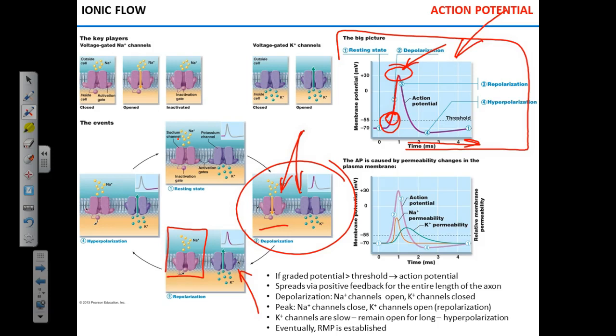So when a positive ion leaves the cell, what happens to the membrane potential? It becomes more negative. And this process, this leg of the graph, is called repolarization. Does that make sense? Eventually, the membrane potential will reach the resting membrane potential level.